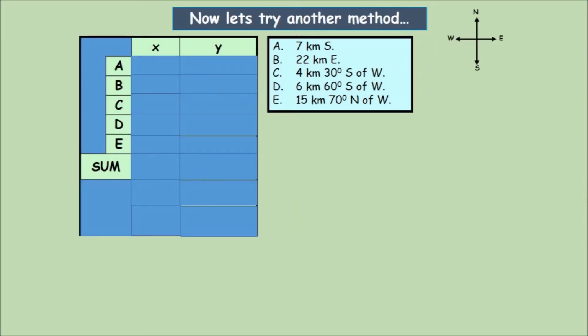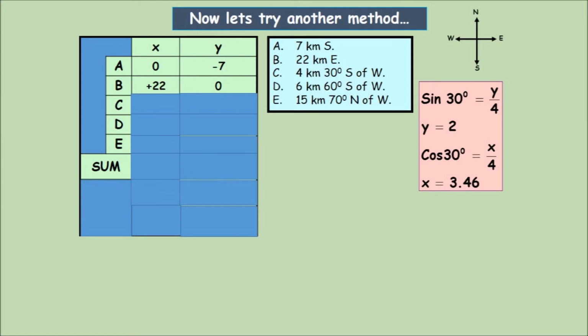Now, here's the exact same problem, but what I'm using here is vector addition and the component method to do the exact same thing that I did graphically. So you can see that I've done A and B now. Now C is going to require some trigonometry, so I'm going to have to use sine and cosine to get my magnitude.